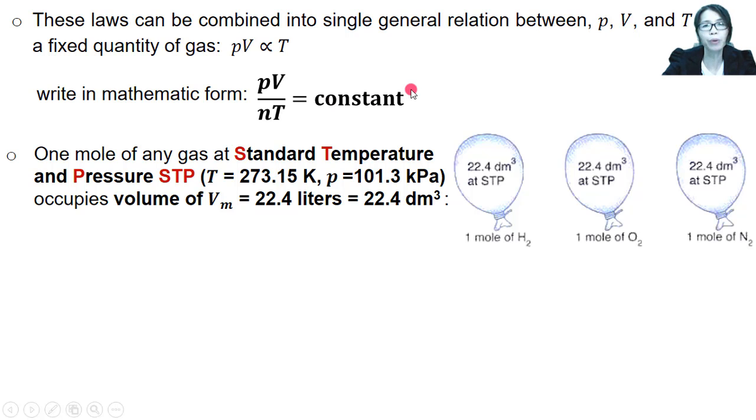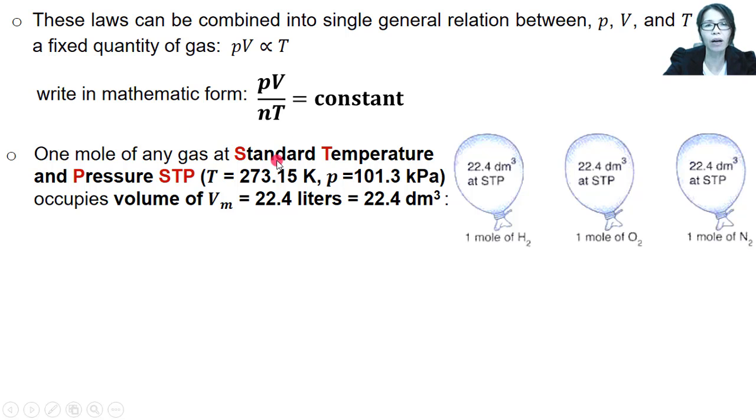So, how am I going to get this constant value? Everyone understood that for 1 mole of any gas, doesn't matter what gas, you might have 1 mole of hydrogen gas, 1 mole of oxygen gas, or 1 mole of nitrogen gas.